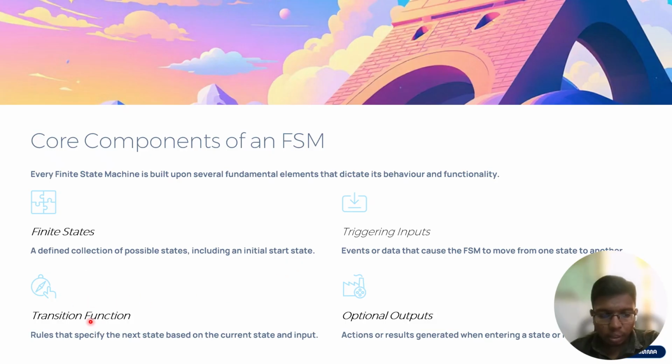Transition function: rules that specify the next state based on the current state and input. Trigger inputs: every event or data that causes the finite state machine to move from one state to another. And optional outputs: actions or signals generated when entering a state.